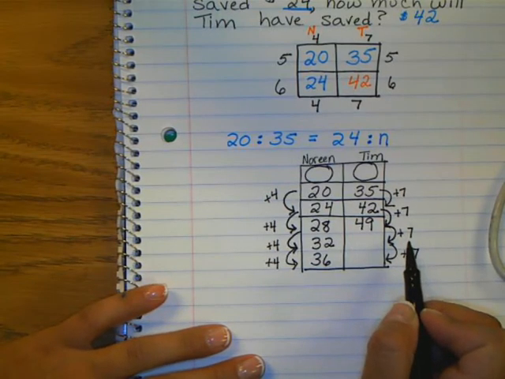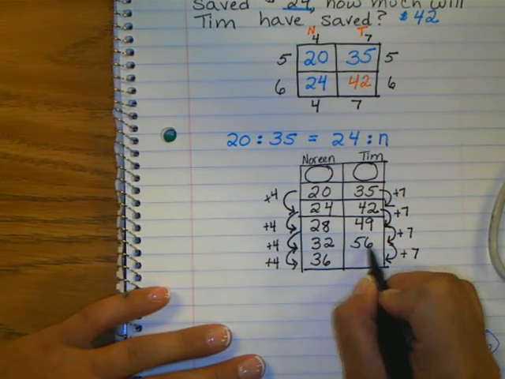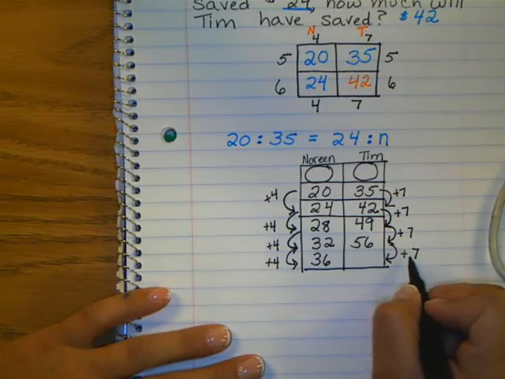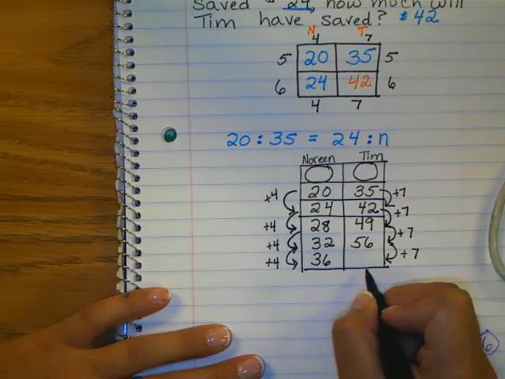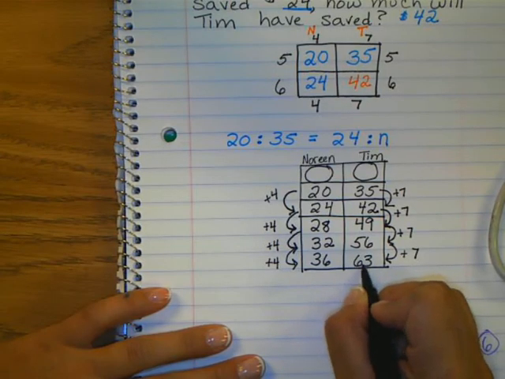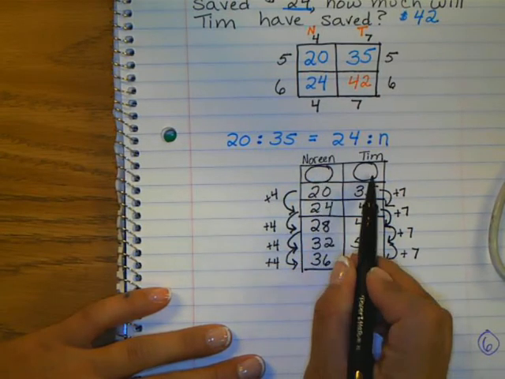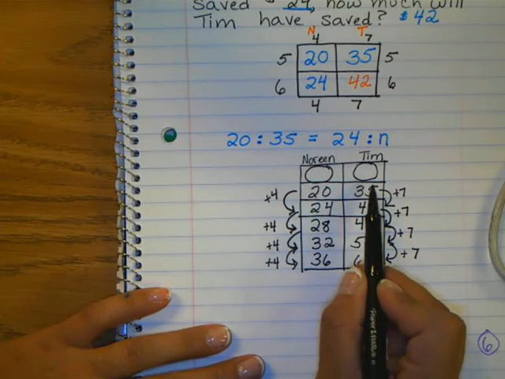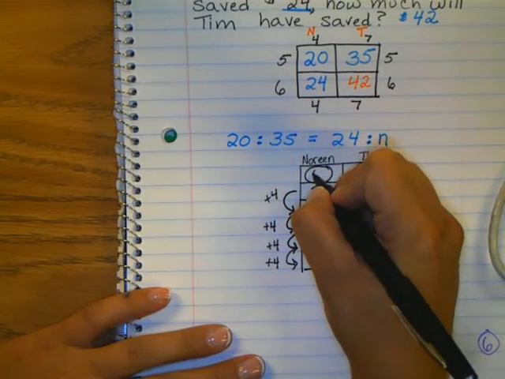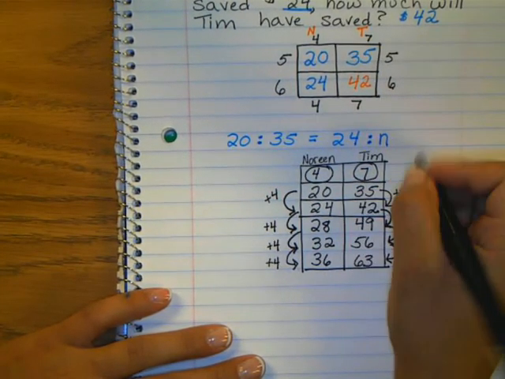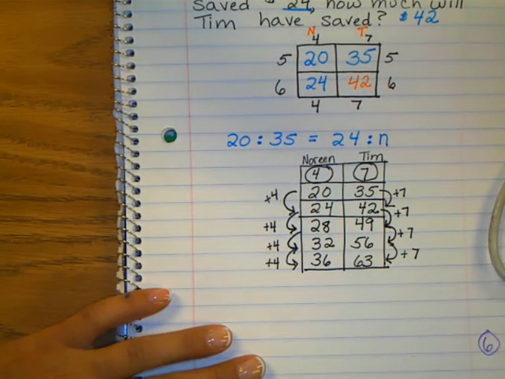Plus 7 is 63. Good job. So then, what is my basic ratio? It would be 4 to 7, because we're adding 4 every time, and we're adding 7 every time.